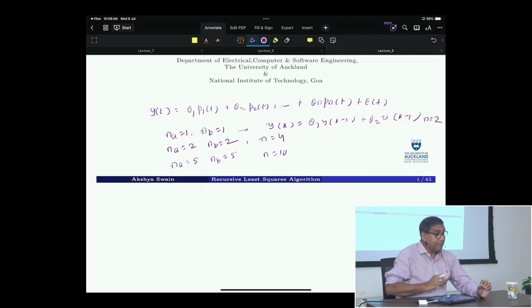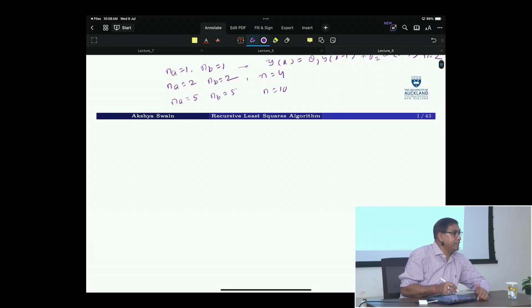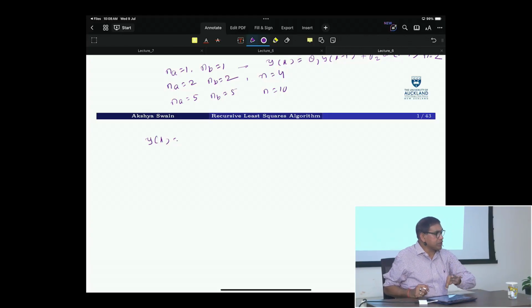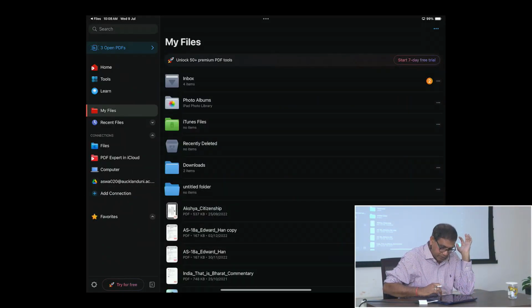Right? But the real problem comes if the system is nonlinear. Suppose the system is nonlinear. I have got the slides, let me go to that slide, 1 minute, so then you can know it.